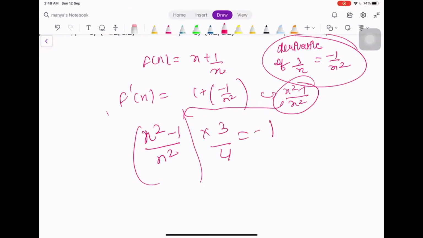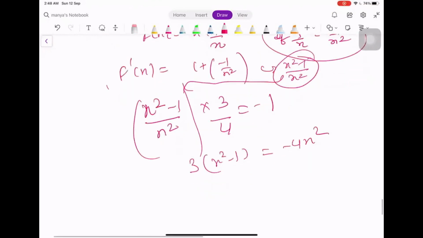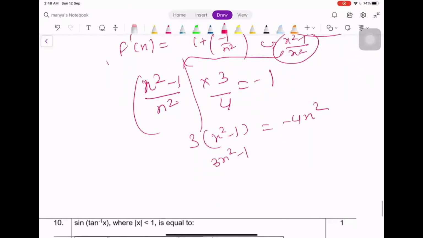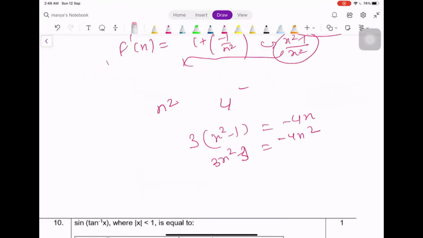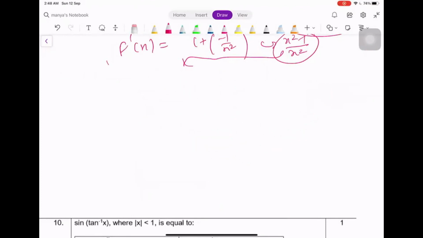Okay. So x square minus 1 into 3 is equal to minus 4x square. There is some calculation error. Wait, let's do once again. We are having x square upon 1 minus x square into 3 by 4 equal to minus 1.